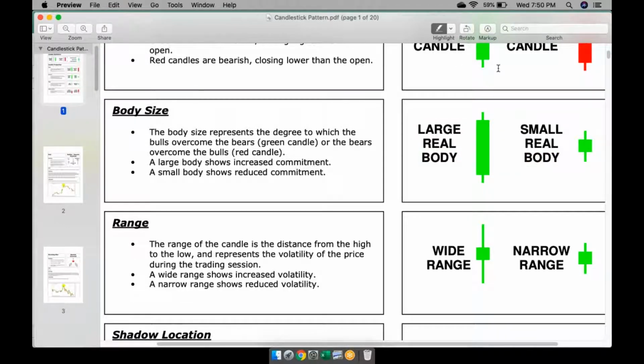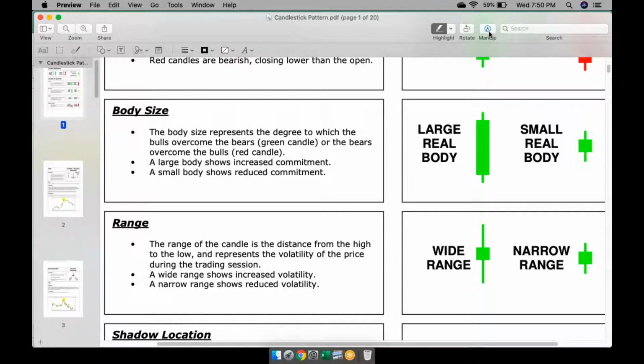When we see a larger body, we can understand that on this particular day the buying is happening in a full-fledged way. When you see a small real body, the market is in a consolidation phase. So let me draw it again.